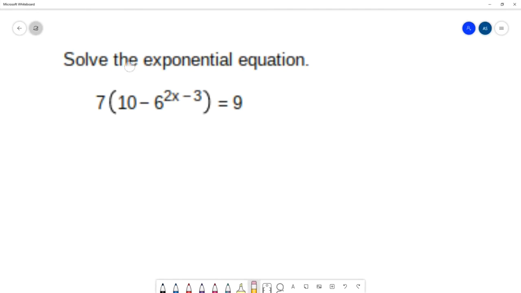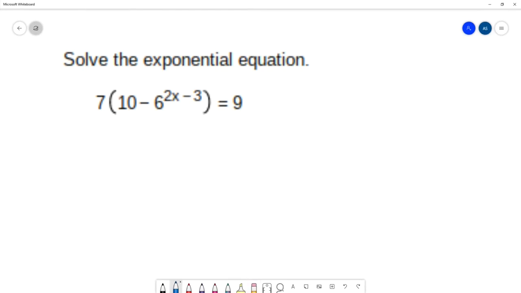We want to solve the exponential equation 7 times (10 minus 6 to the 2x minus 3) equals 9. So we have this exponential equation, and the first thing that we need to do is isolate our exponential.